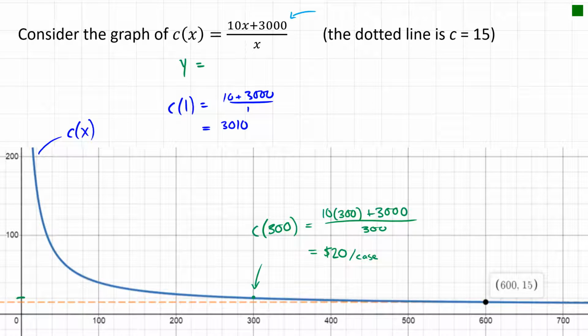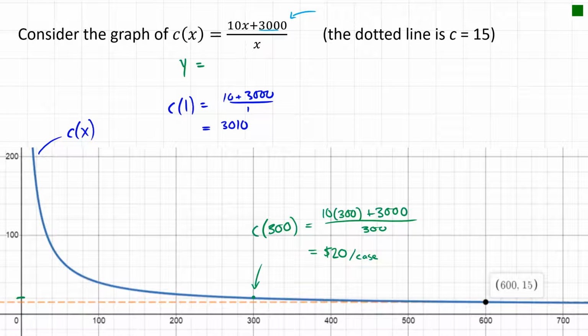So as you produce more cases, we spend less per case, basically because we are flooding this 3,000 constant value by producing more and more cases. This 3,000 initial cost becomes less and less significant.